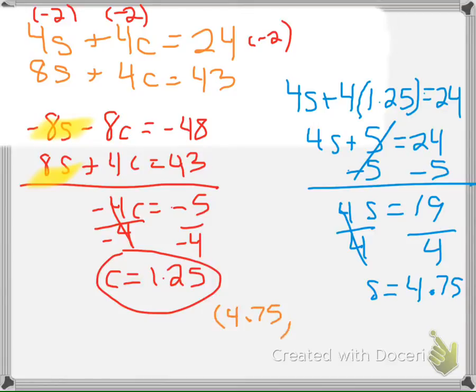I'm putting that first as the x-coordinate because in our equation, sandwiches was first. And then a bag of chips costs $1.25. So this is sandwiches. And this is chips.